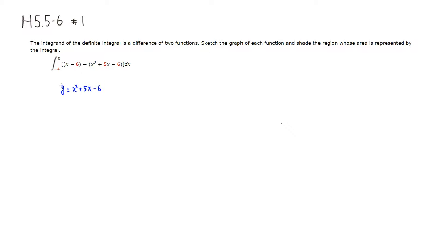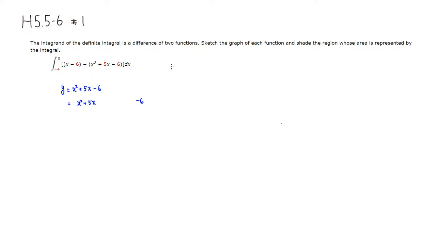I'm going to complete the square here. You have x squared plus 5x, and I'm going to put negative 6 right here. In order to complete the square, what I need is 1/2 of this number.